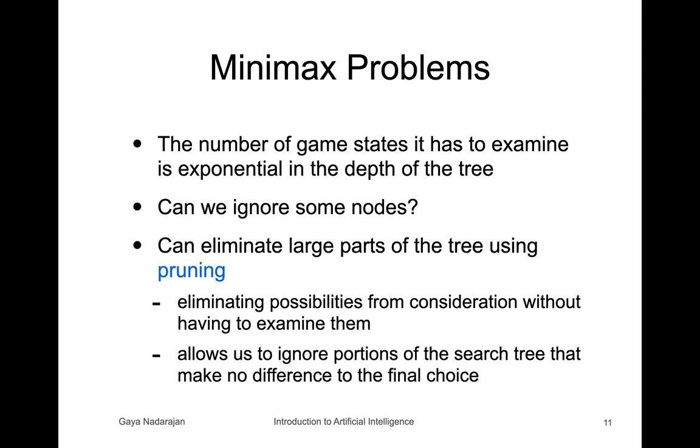So we don't even have to go there, right? That means we don't have to do all this extra work. And it allows us to ignore portions of the search tree, here's the keyword, it's going to make no difference to the final choice. Okay, so we can safely ignore portions of the tree and still get the best optimal outcome for our strategy. So we're going to look at that next in the alpha beta pruning lecture.